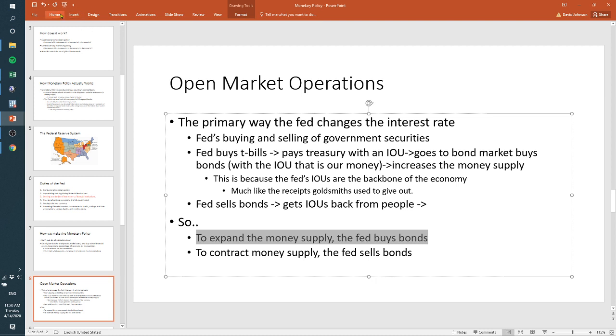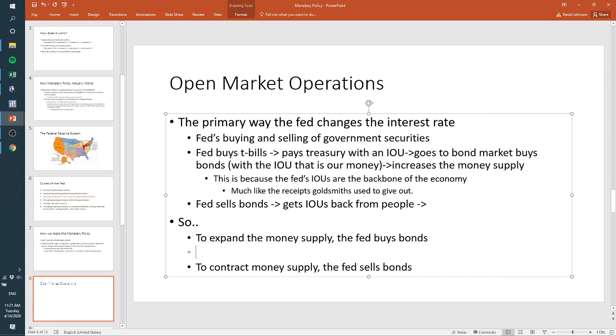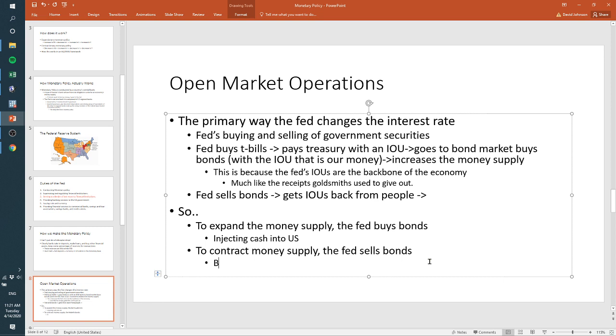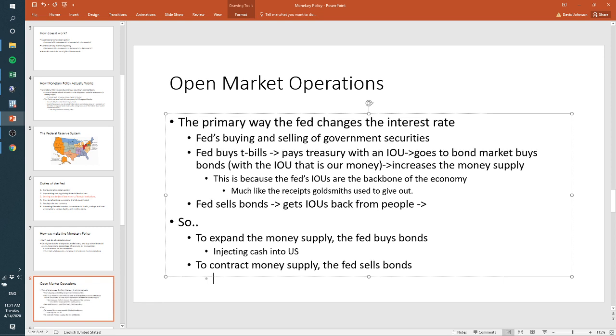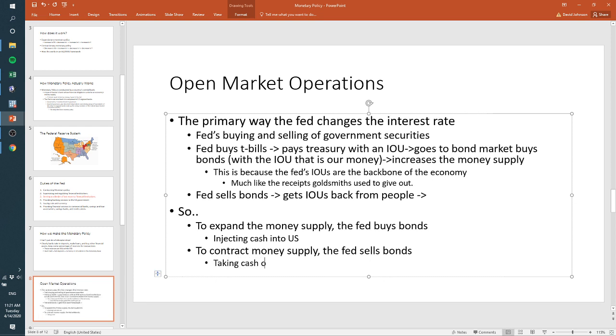Let's put a little bit of an editorial spin here: if we buy bonds, we're injecting cash into the U.S. economy. To contract the money supply, the Fed is going to sell bonds, and that is taking cash out.